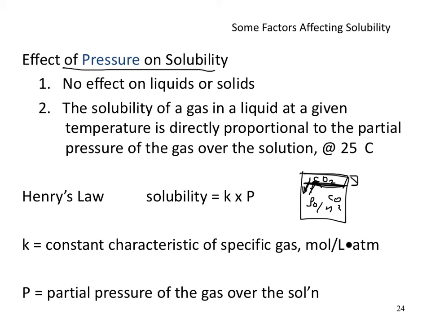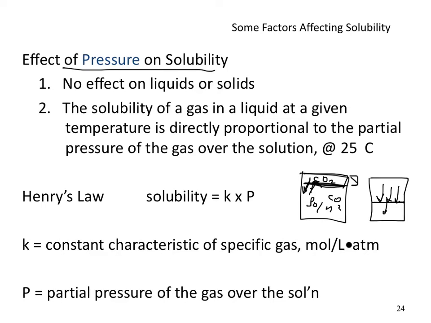Now, if you decrease the volume, you are increasing the pressure, you're lowering the volume, so a greater amount of pressure. What would that mean? That means that you're forcing more CO2 molecules to go into the solution phase, and the number of molecules in the solution increases until that equilibrium gets established.